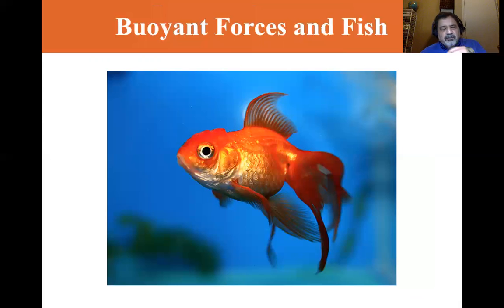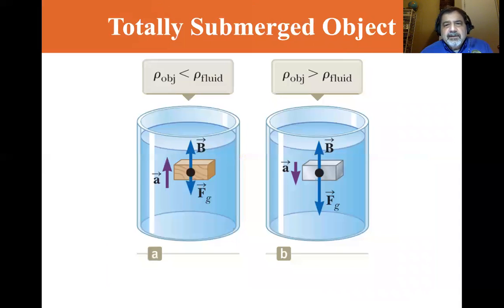Now, fish actually weigh a little bit more than the density of water, and they have an air bladder that they adjust to allow them to swim to different depths. So if an object is totally submerged, then the density of the object is greater than the density of the fluid.